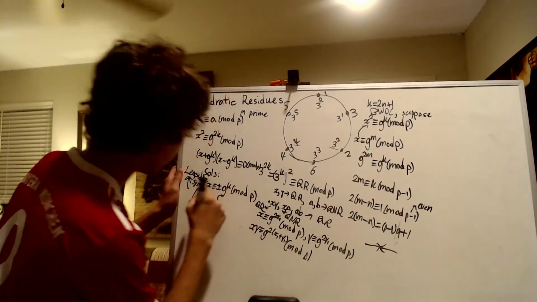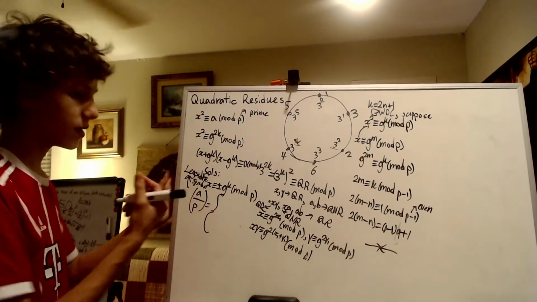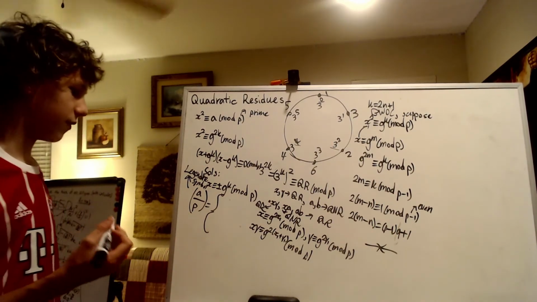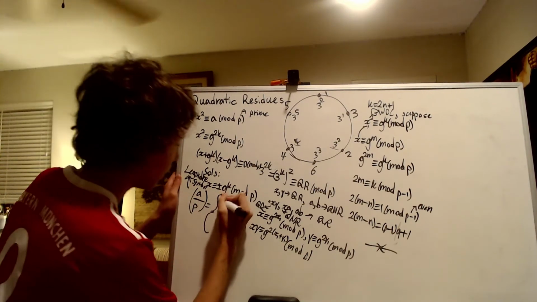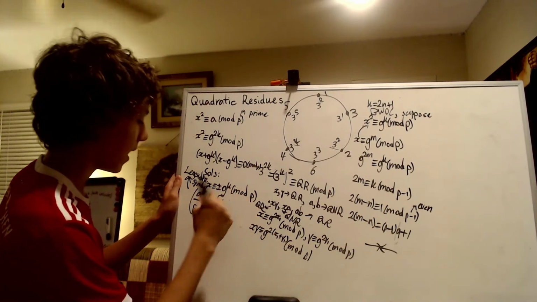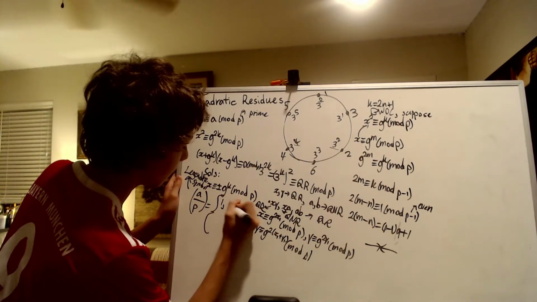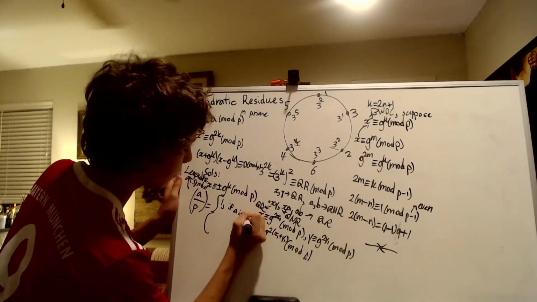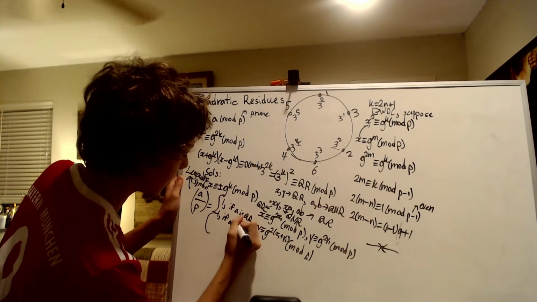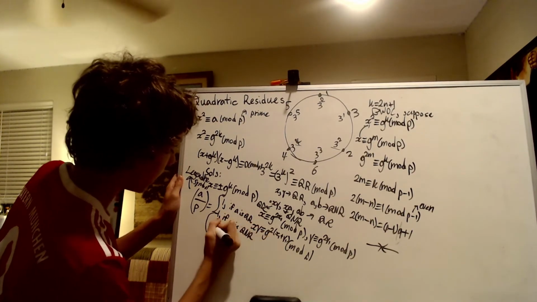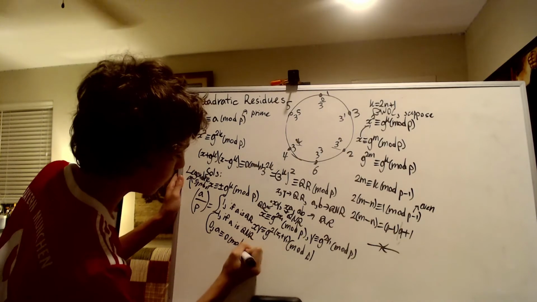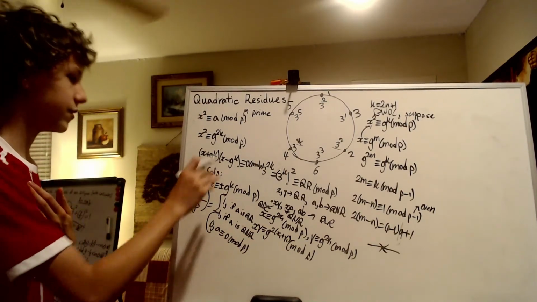I'm just going to say the Legendre symbol of a and assume that p is already there. It's going to output a 1 if a is a quadratic residue. It's going to output a -1 if a is a quadratic non-residue. And it's going to output a 0 if a is congruent to 0 mod p. So the 0 case is separate, as we've seen throughout the video.